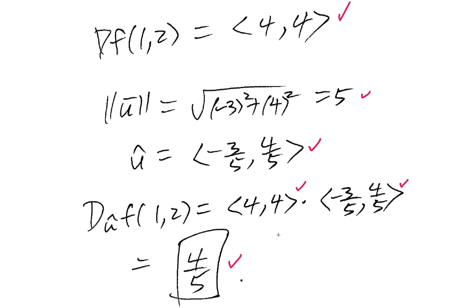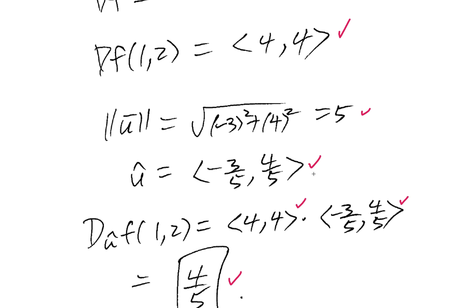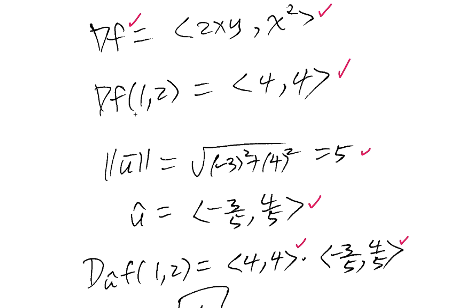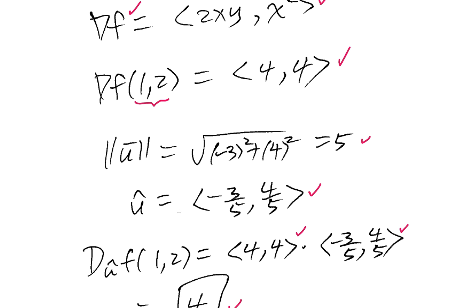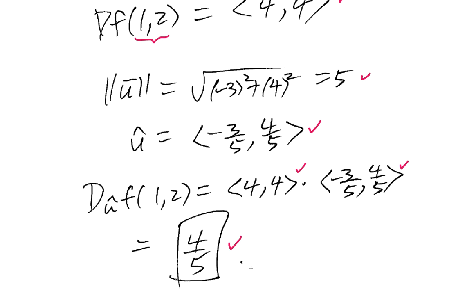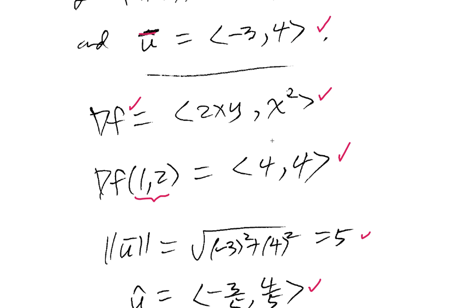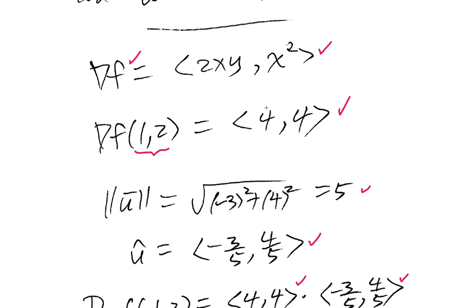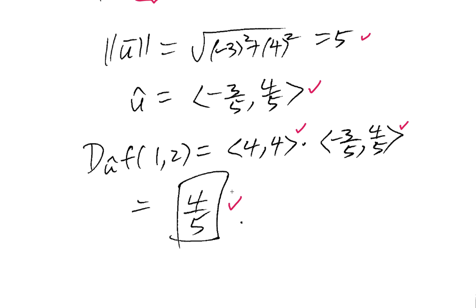If I'm at the point (1, 2) and I move 1 unit in the u hat direction, I would move 4/5 of a unit in the z direction along the tangent plane to this surface, z equals x squared y. That's how far I would move.